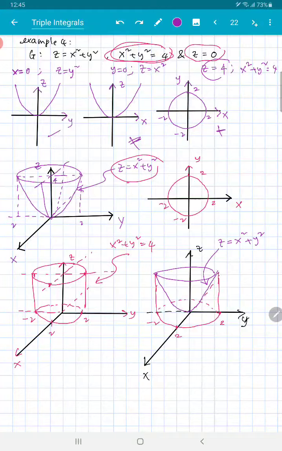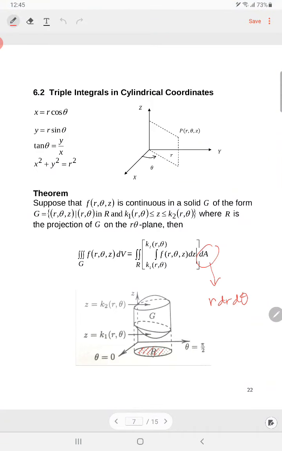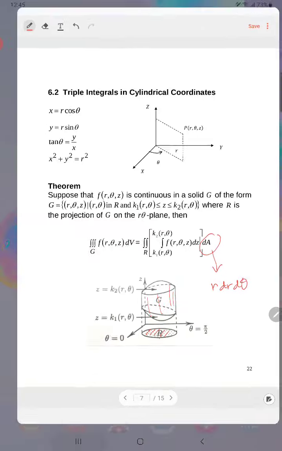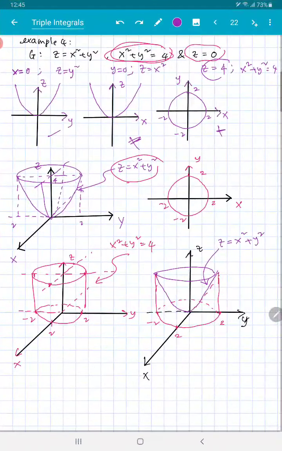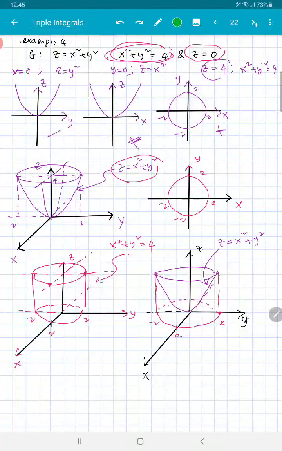So now we want to find the volume of the solid. What we're going to do is project our solid onto the xy plane. When we project our solid onto the xy plane, what we get is a circle of radius 2.